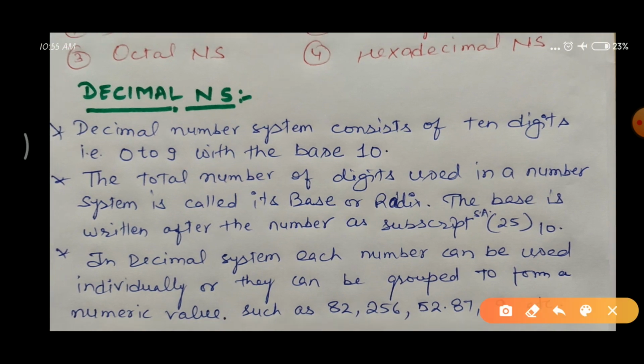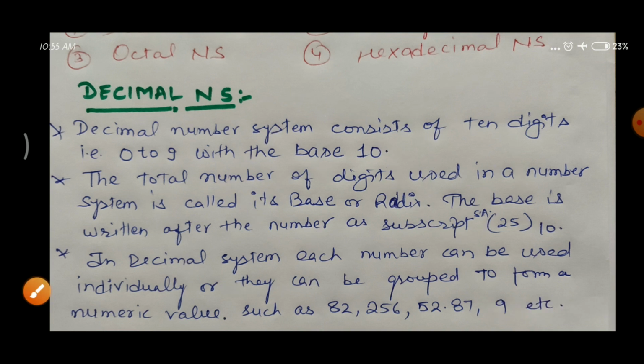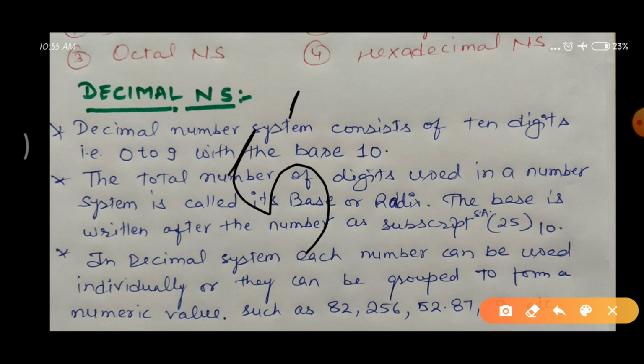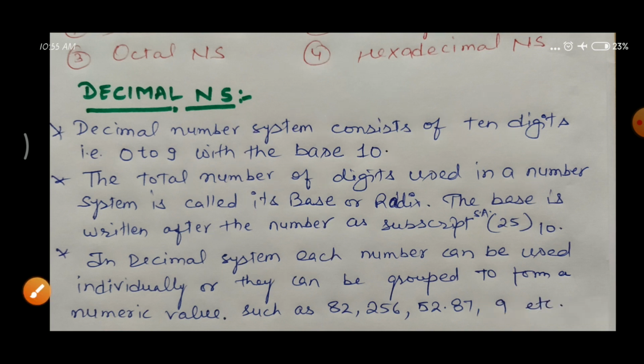So this 5 is again a decimal number, because of this base we can identify it as a decimal number, as well as we can group digits from 0 to 9 to construct a decimal number like 55. Okay, so for 55, again we will use the base 10 here, so that means this is a decimal number. Okay, so with the help of base we can identify the type of number we are using.